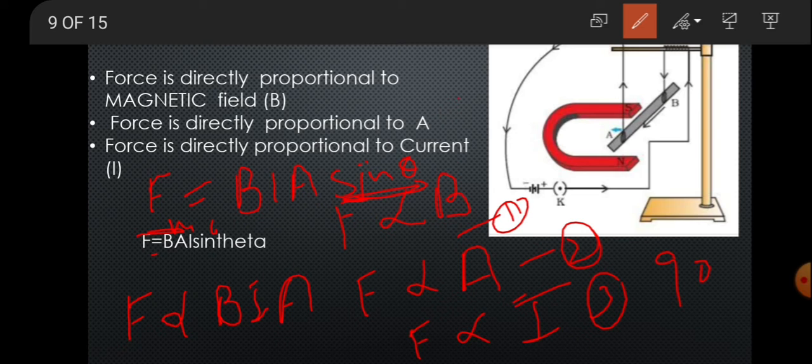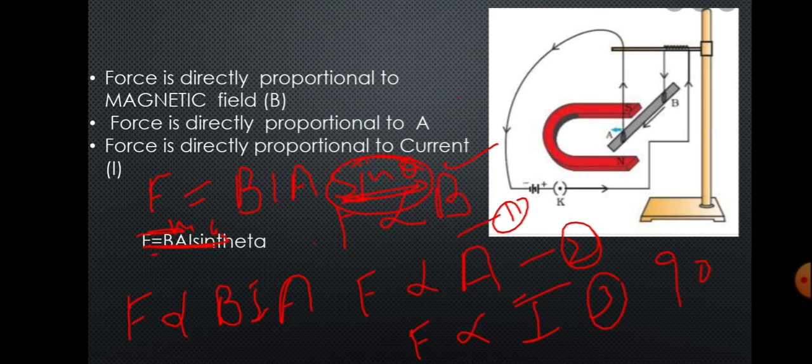This is an important result, and questions often come in examinations on when the force is maximum or minimum. If sin theta is 90 degrees, the force becomes maximum, equal to BIA. If sin theta is 0, the force becomes minimum. This is the basic result.